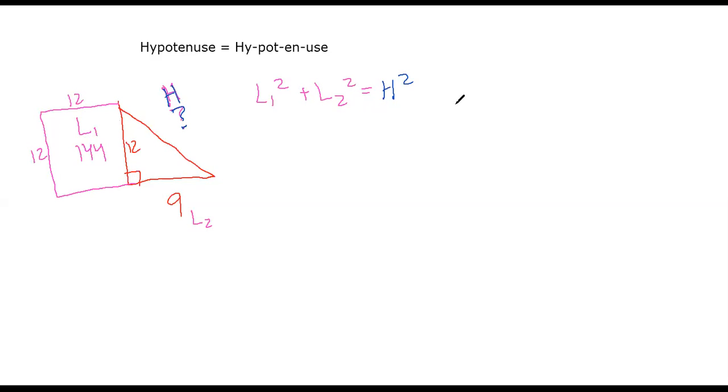And then for the second one, we have a square of 9 times 9, and the area of the square would be 81.